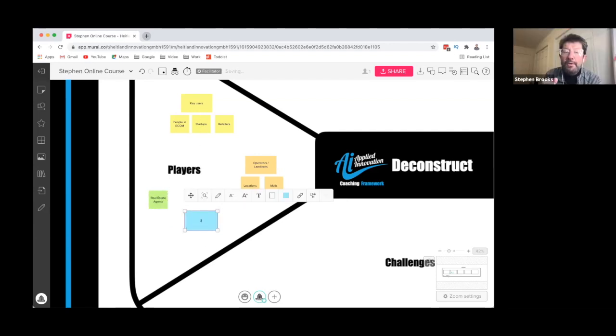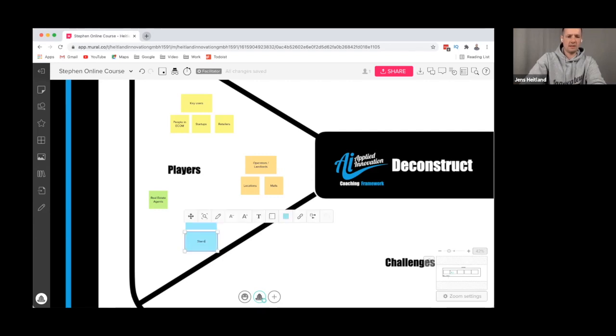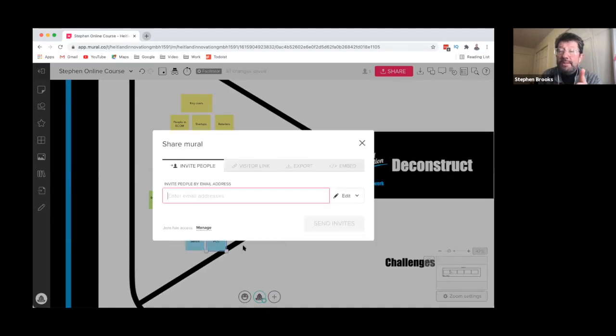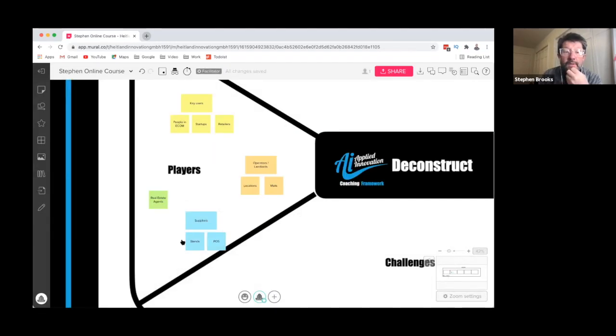Suppliers, I would put them as suppliers. I'll just put stands, point of sale material, POS, payment systems, so people that are in payments. I think that covers all the basics as far as that's concerned.